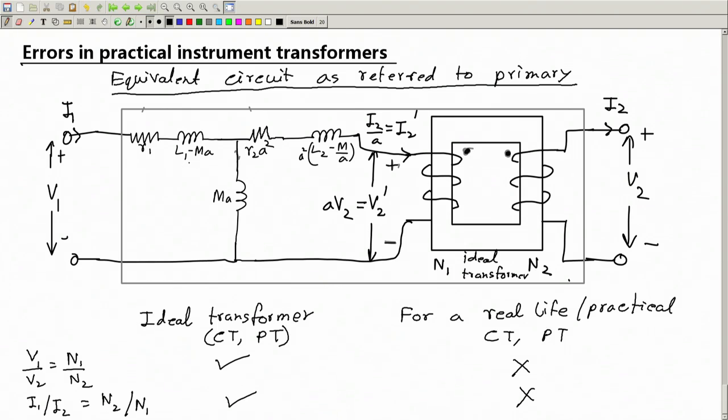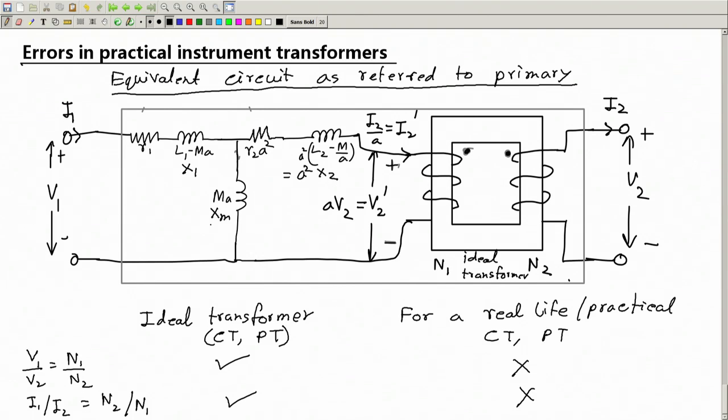This you can call the leakage reactance X1. This part you can call the leakage reactance of the secondary side referred to primary, X2. This thing you call the mutual inductance Xm.